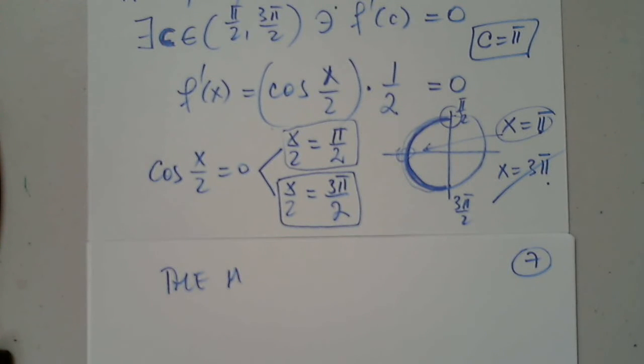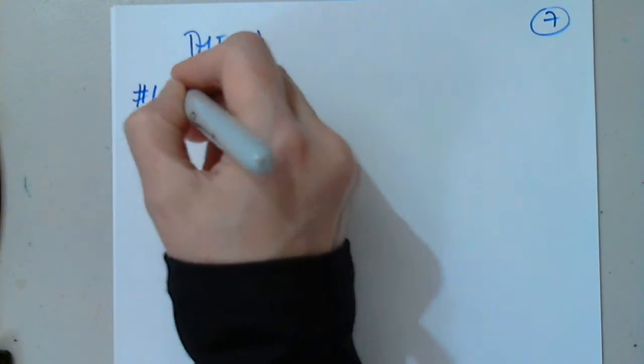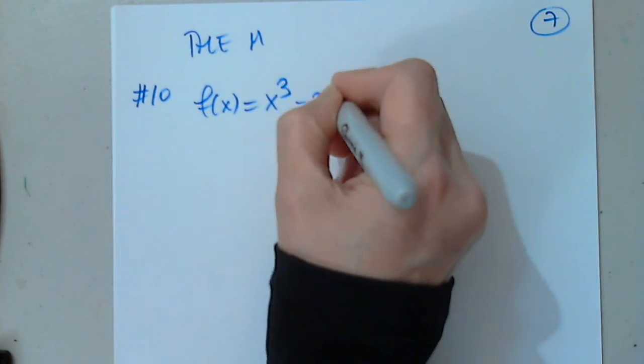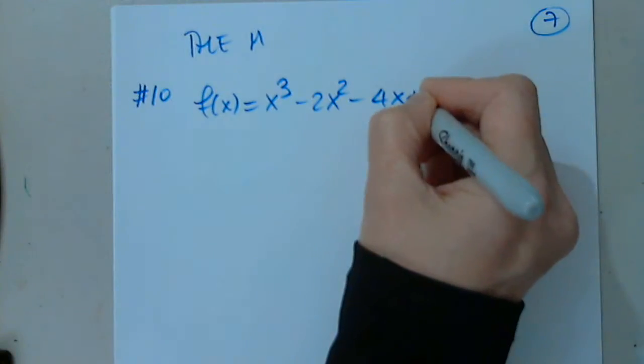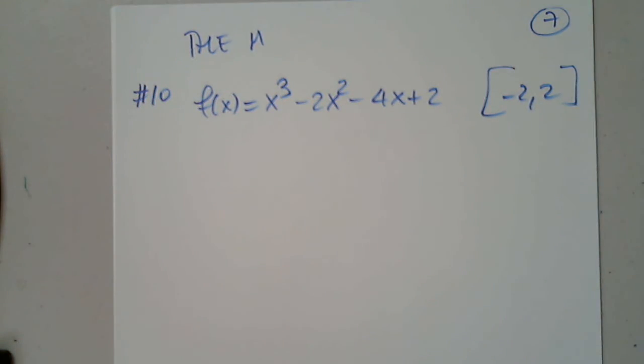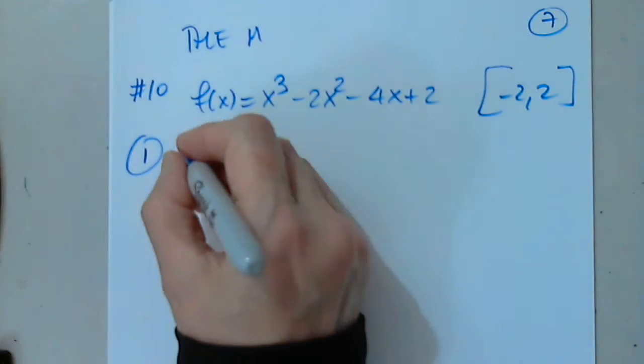So you can do number 10. Okay, so in number 10, we have f of x equals x to the third minus 2x squared minus 4x plus 2, and the given interval is this. Perfect. So we have three hypotheses.